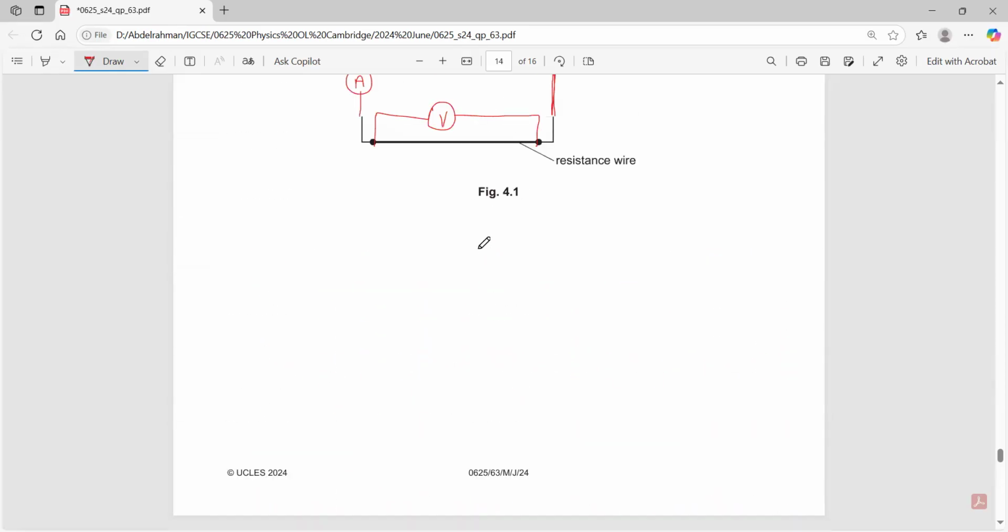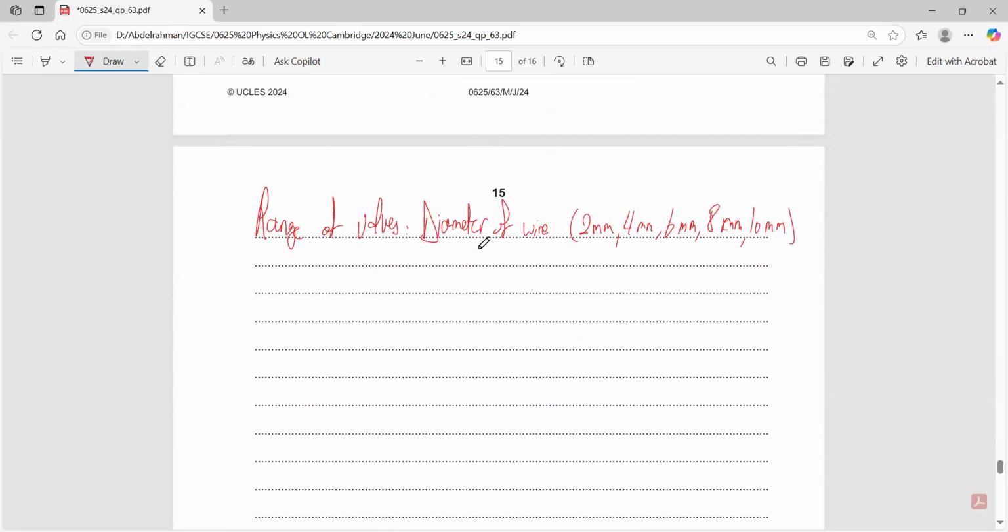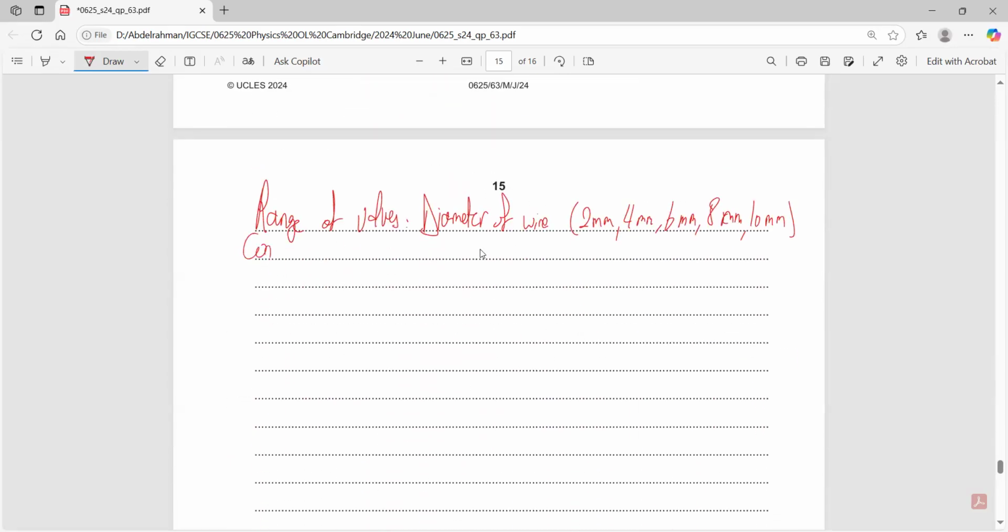And then, what about the controlled variables for this question? We have some very important controlled variables, such as the length of the wire, the material of the wire, and the temperature of the wire.